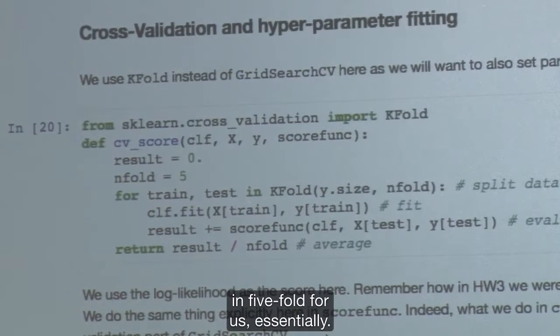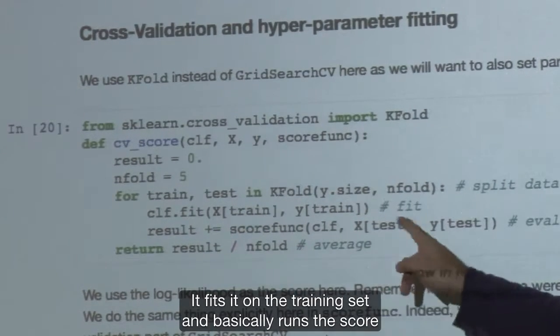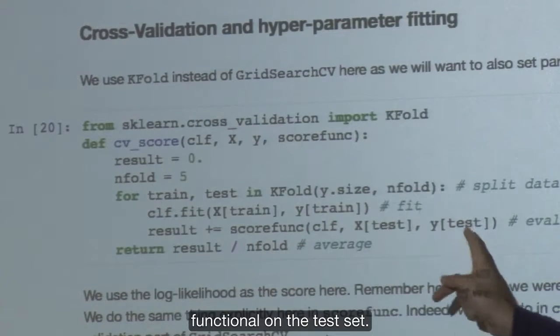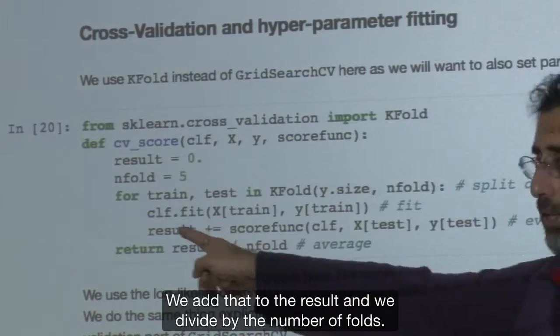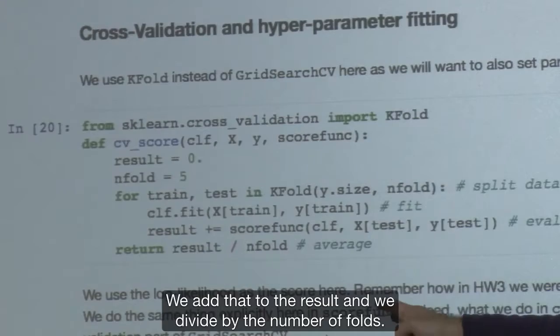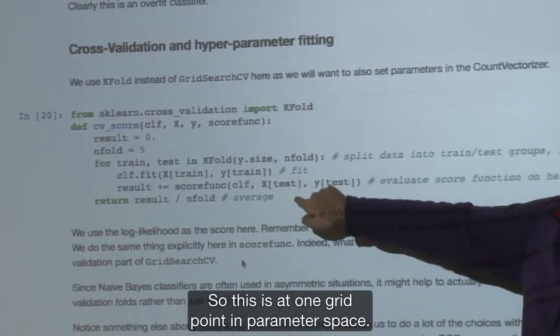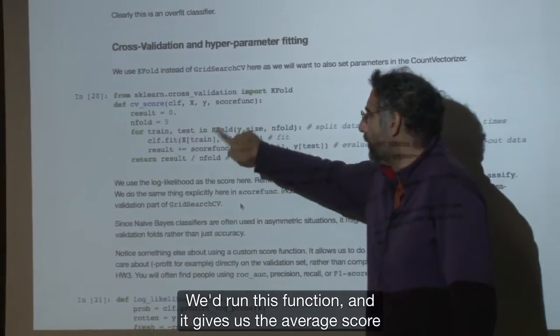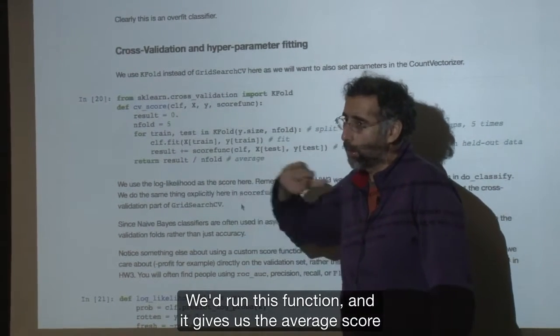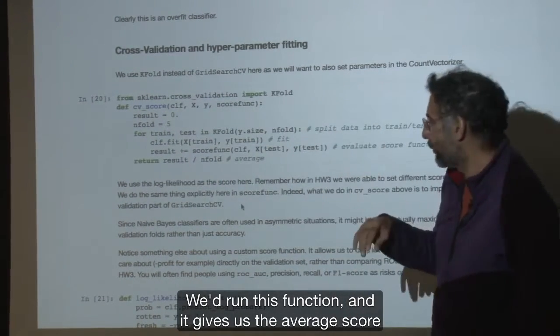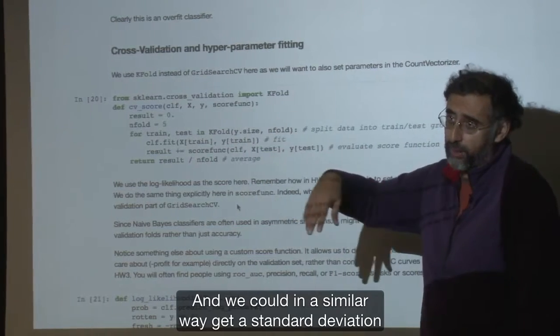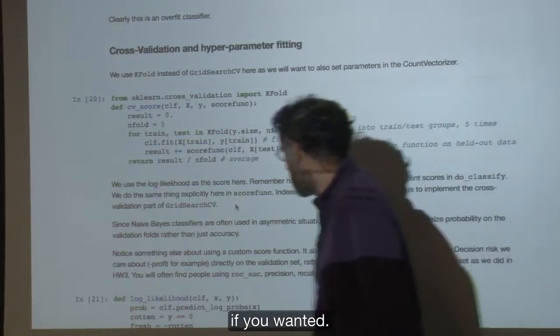It fits on the training set and runs the score function on the test set. We add that to the result, and we divide by the number of folds. So this is what we do for some combination of the parameters, at one grid point in parameter space. We run this function, and it gives us the average cross-validation score. And in a similar way, we could get a standard deviation if we wanted.